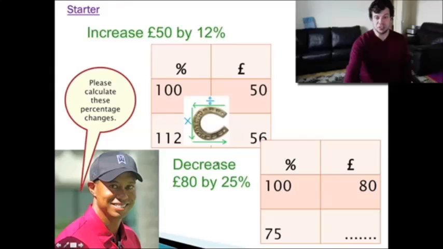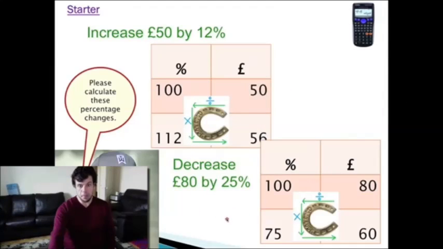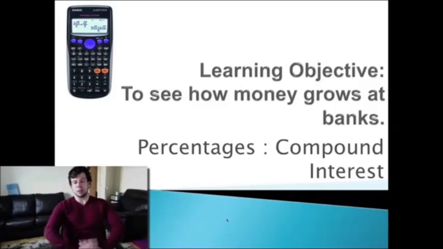If you're decreasing or reducing by 25, you've got to take the 25 from the 100. The same as before, the divide multiply horseshoe. D for divide, M for multiply. 80 divided by 100 times 75 on your calculators should give you £60.